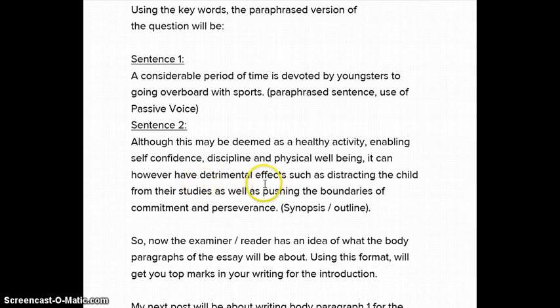It can have detrimental effects, such as, so what are those disadvantages? This is what they are, such as distracting the child from their studies. If they do lots of sports, then obviously they might not have time to study. As well as, so another disadvantage is pushing the boundaries of commitment.